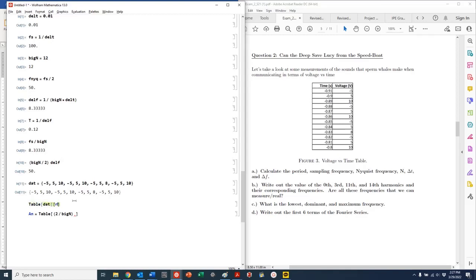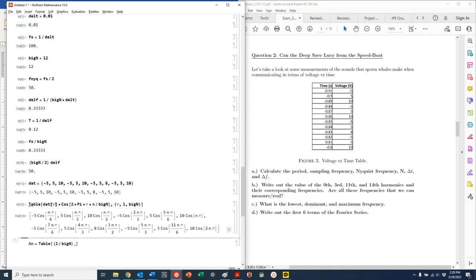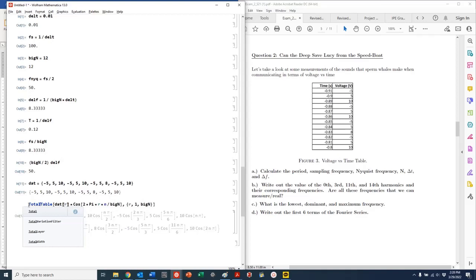Actually, let's go ahead and do data R. So each of these data sets times cosine of 2 times pi times R times n divided by big N. And I want to do that for R goes from 1 to big N. Here, I need to sum that, total this.